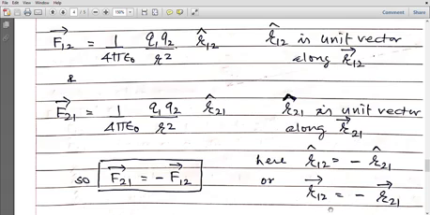The two vectors are opposite to each other, hence the directions R12 and R21 are also opposite. Magnitudes are the same but directions are opposite, hence we can say that F12 and F21 are opposite to each other.